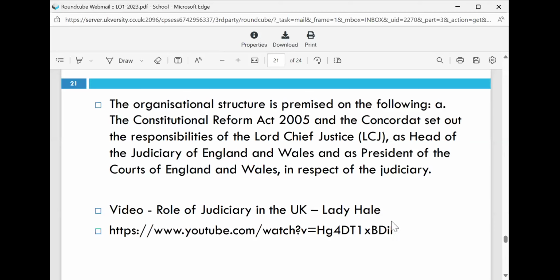So there was a need for change, so that's why they brought it in. And there's only one lady that is part of it, called Lady Hale, and that's the video that you need to watch where she explains the role of the judiciary and why it was brought about, and why the House of Lords created a new independent Supreme Court to hear all appeals from England and Wales.